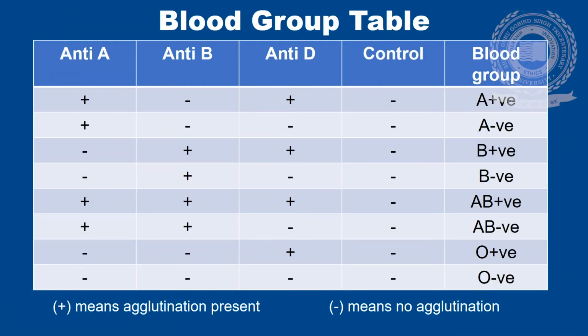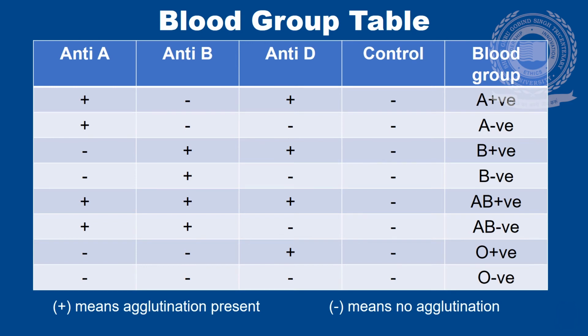This table shows how to interpret the blood group results. It is very simple to understand. The anti-A, anti-B, anti-D and control columns show plus or minus signs, where plus means agglutination is present, and minus means no agglutination.